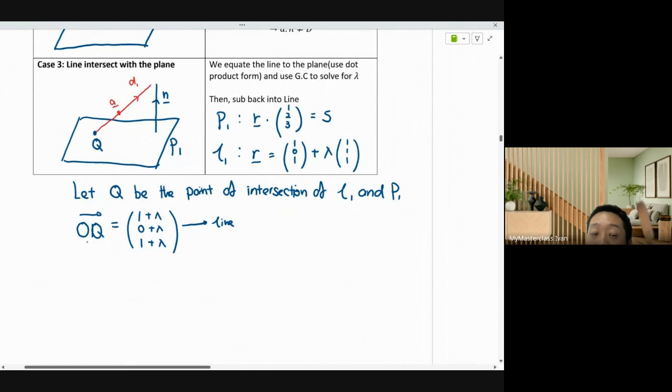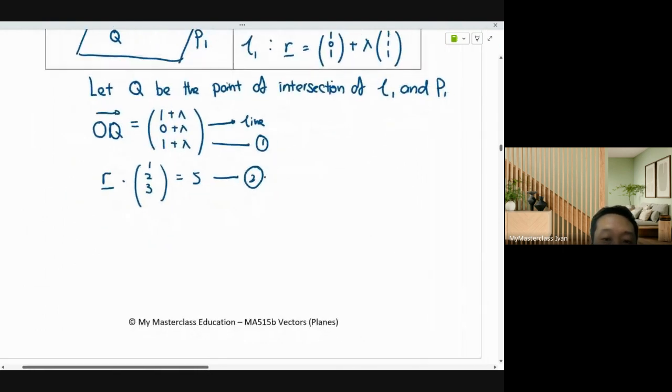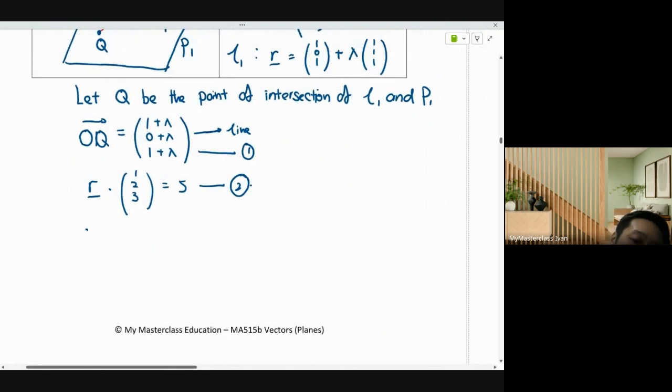You always start with respect to O. This one means XYZ, and this one is labeled as equation 1. As well as R dot (1, 2, 3) equals 5, equation 2. So we are trying to solve simultaneous equations.